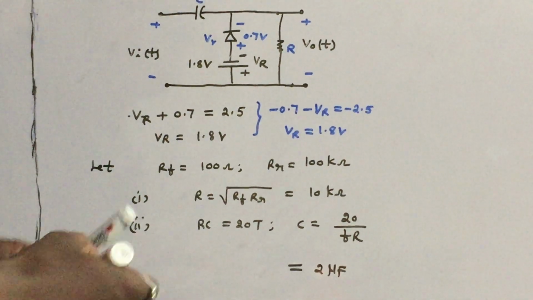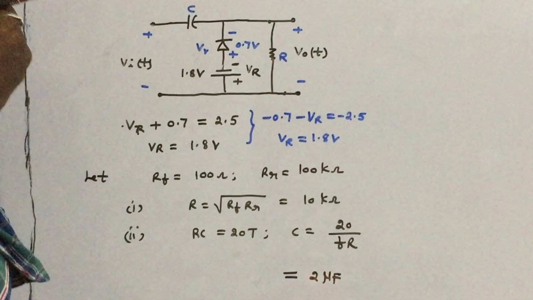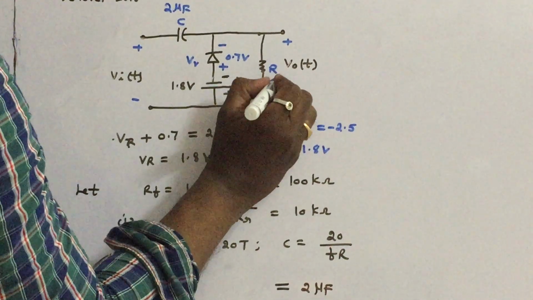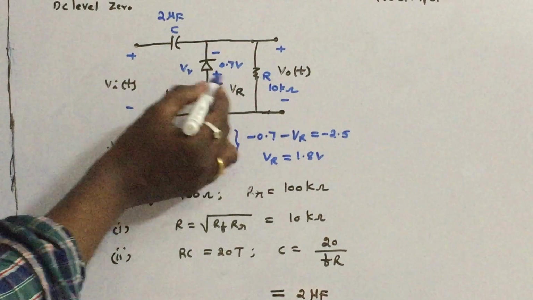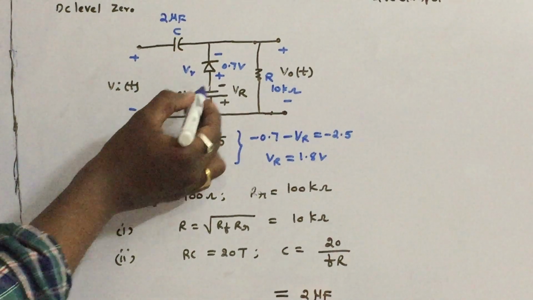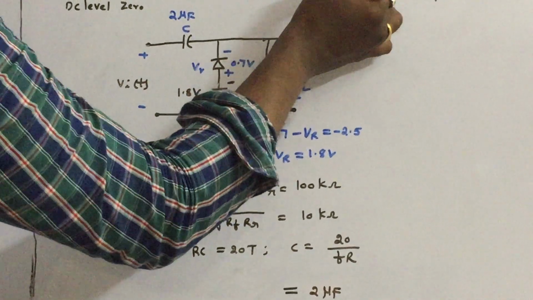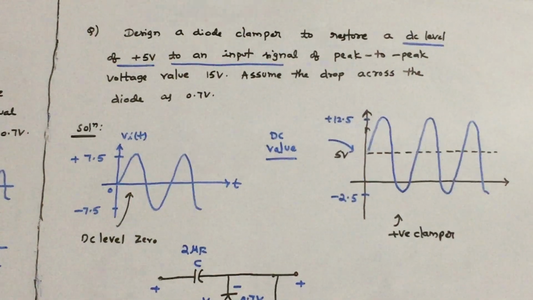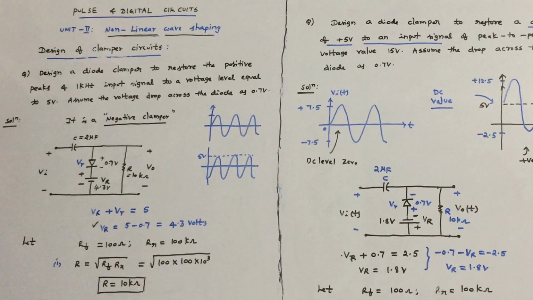This is the answer we have to take: the capacitor value of 2 microfarads, the resistor value of 10 kilo ohms, and the reference voltage 1.8 volts with this polarity, so that minus 0.7 minus 1.8 becomes minus 2.5. This is what we have to write in the problem. These two problems are very, very important when the cut-in voltage of the diode is given. Thank you.